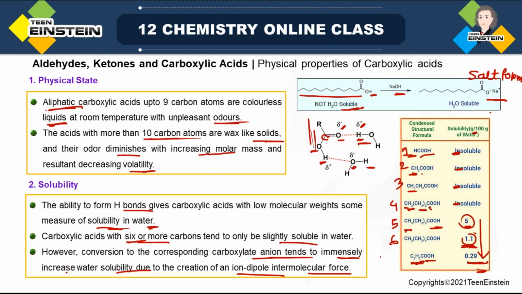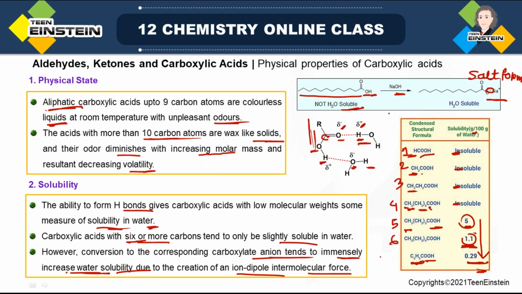So now what is happening, as it is now in anionic form, gradually solubility in water is increased. Now why it is so? Because of creation of ion dipole intermolecular force. So now you have fully developed negative charge over oxygen. But before treatment with NaOH, you simply have OH, where you do not have any negative charge. You have simply lone pair.